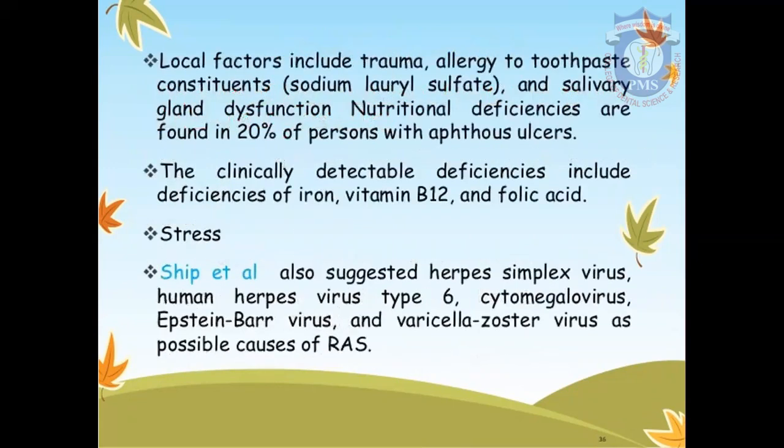Local factors include trauma, allergy to the detergent agent present in toothpaste, that is sodium lauryl sulfate, and salivary gland dysfunction. Nutritional deficiencies are found in 20% of the cases with aphthous ulcers. Also associated include the clinically detectable deficiencies of iron, vitamin B12, and folic acid.